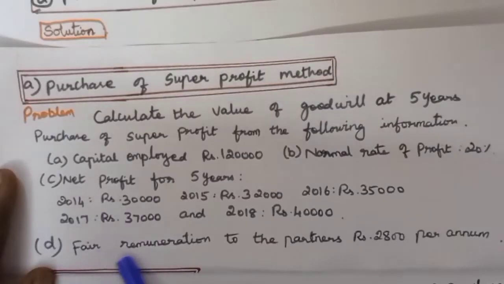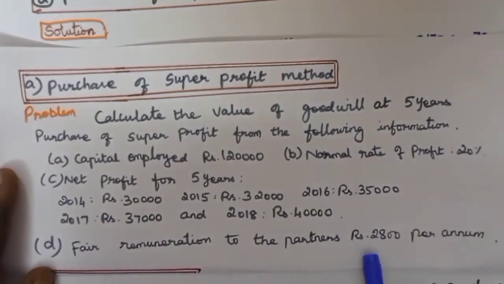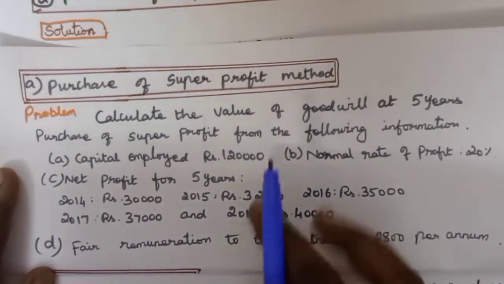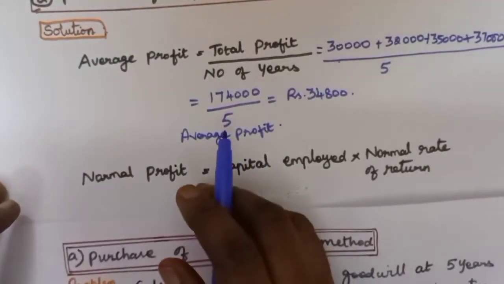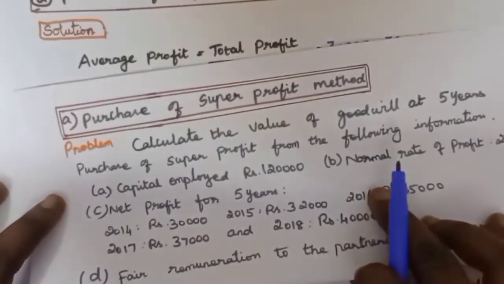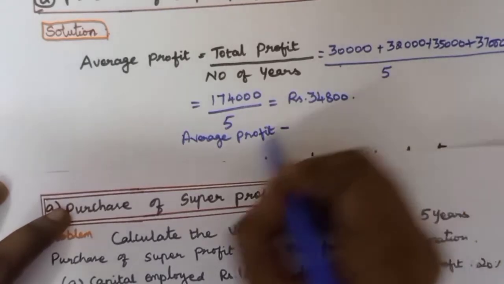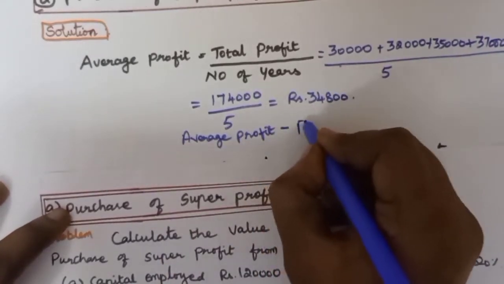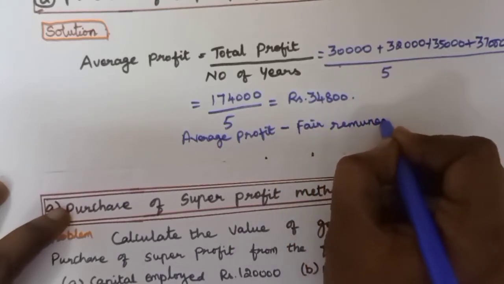Look at the problem. Fair remuneration to the partners is rupees 2,800 per annum. We have to find out the future maintainable profit. All the expenses likely to come in future are to be deducted from the average profit. So we have to deduct fair remuneration to the partners from the average profit.